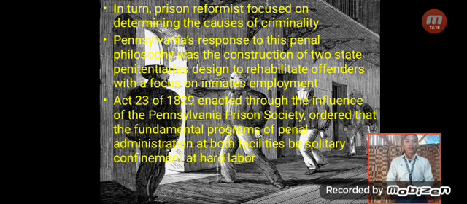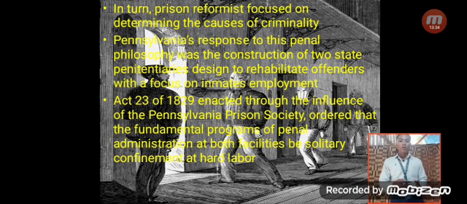Next slide. So internal prison reformists focused on determining the causes of criminality. The roots of crime were thought to be found in inadequate training in school and in church.